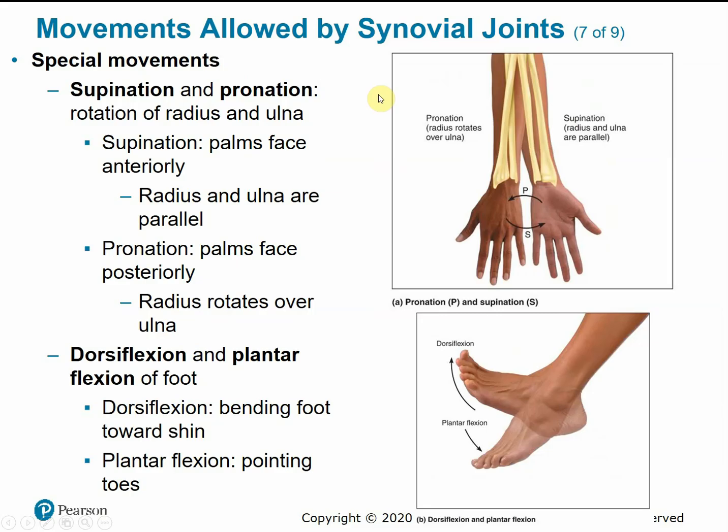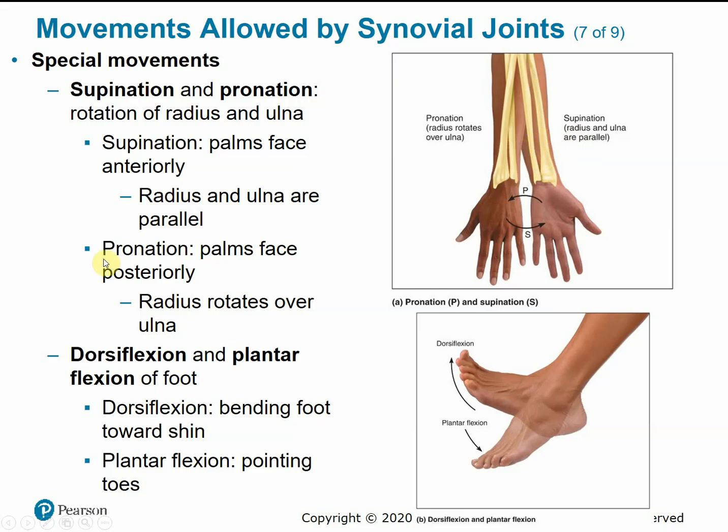Some special movements found in certain locations of the body include supination and pronation. This occurs in the radius and the ulna of the forearm. Supination is when the palms are facing anteriorly. So the palms are in anatomical position facing outward. In supination, the radius and the ulna of the forearm, the 2 bones, are parallel, so they're right next to one another.